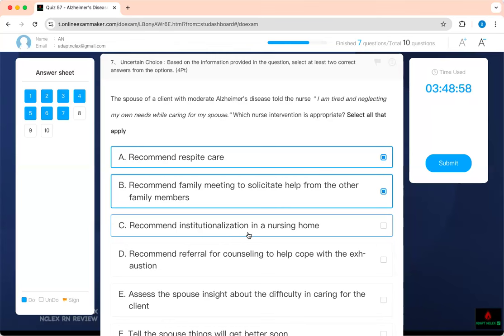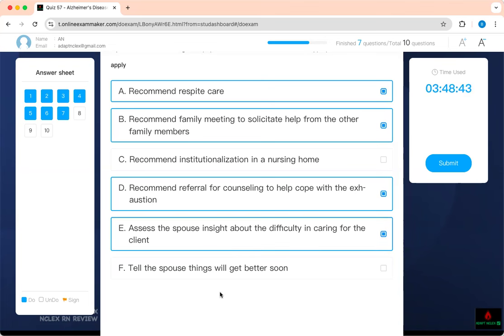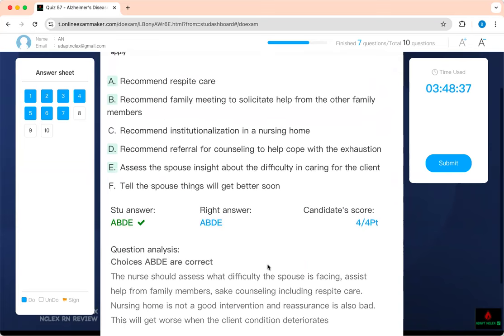Sending the client to a nursing home would not prevent that. Recommend referral for counseling to help cope with the situation. Yes. Assess the spouse's insight, figure out what she means by difficulty taking care of the patient. And tell the spouse things will get better? That's wrong. It's not going to get better. It's going to get worse as they progress from mild, moderate to severe.